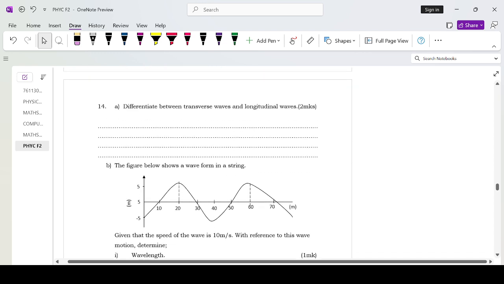Differentiate between transverse and longitudinal waves. Learners, what do we do? To distinguish between transverse and longitudinal waves, you can simply say that in transverse waves, the vibration of particles is at right angles. Maybe let me just draw a table. I can have here transverse waves.